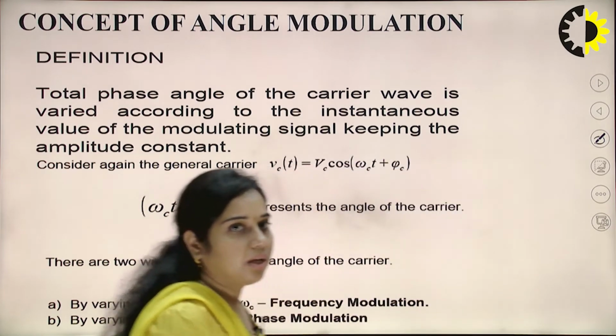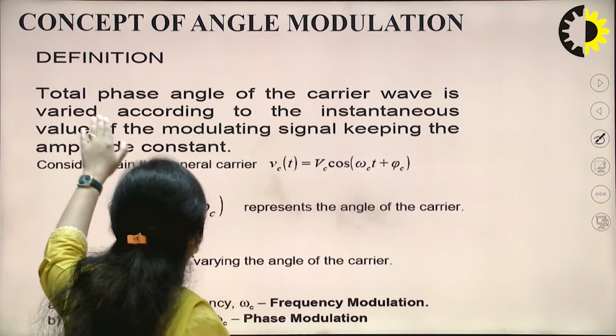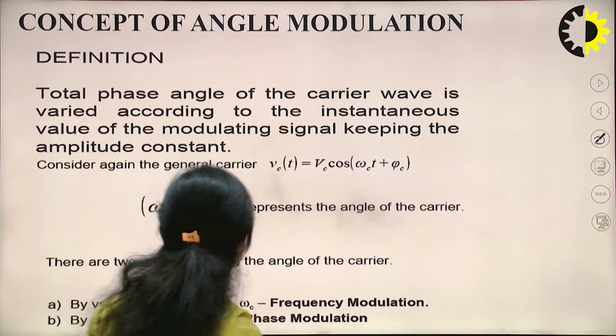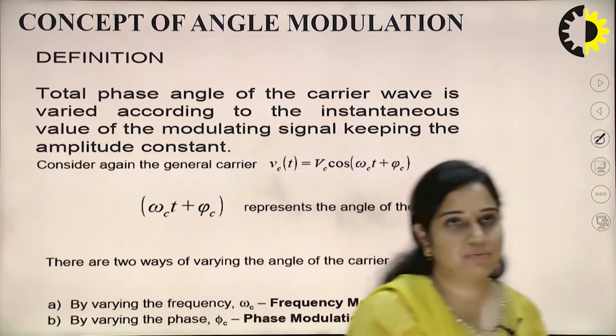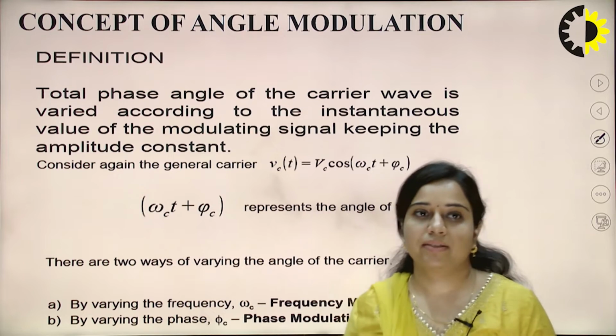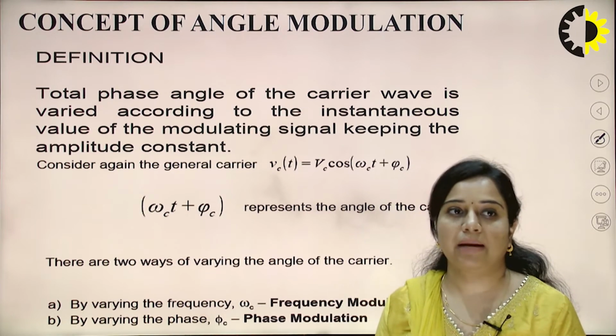So this is the concept of angle modulation: the total phase angle of the carrier is varied according to the instantaneous value of the modulating signal or message signal, keeping the amplitude constant.